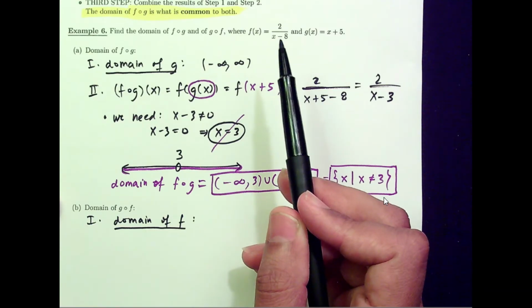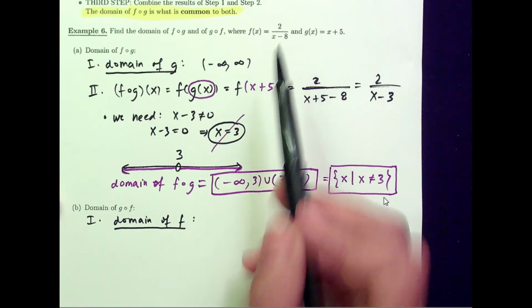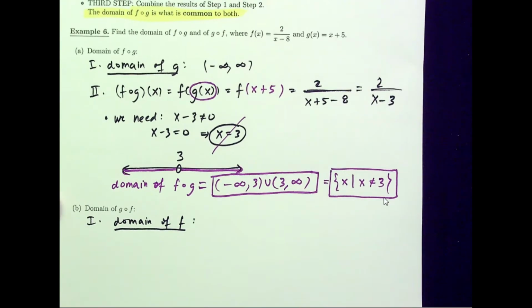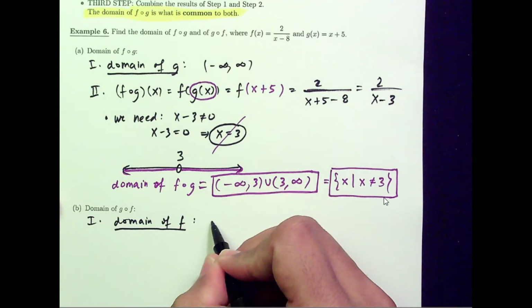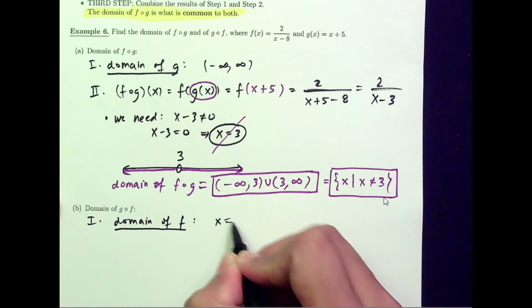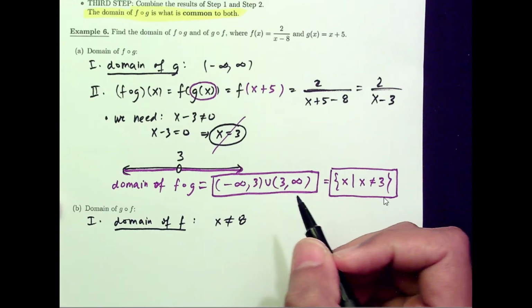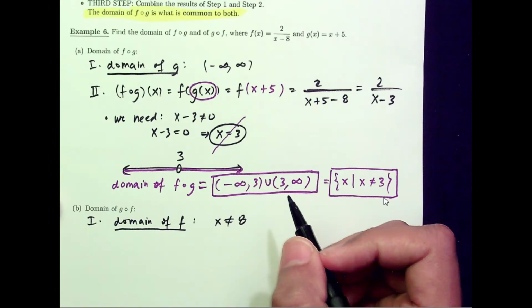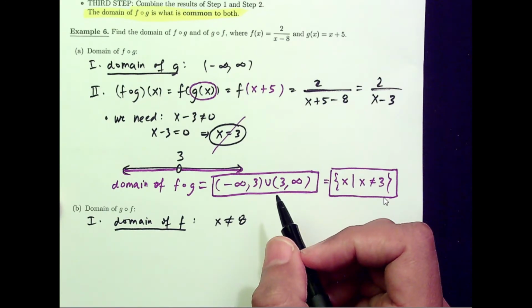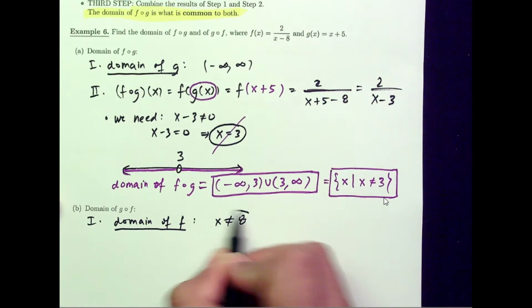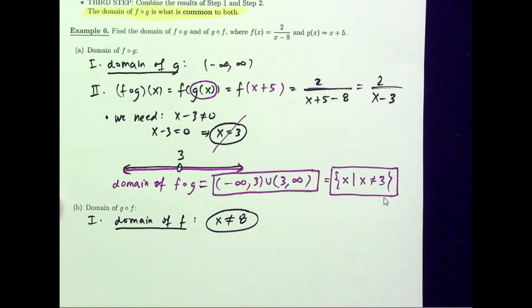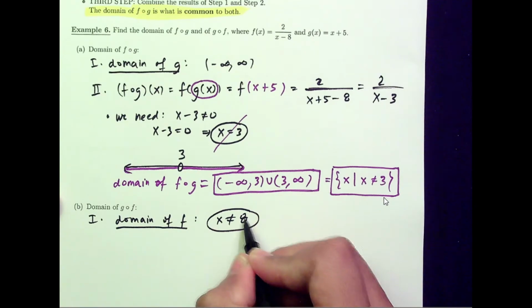So all I want is all the numbers that do not make the bottom 0. So what we need is x cannot be 8. That's the only number that makes the bottom 0, the only number that we do not want. So that is the domain.